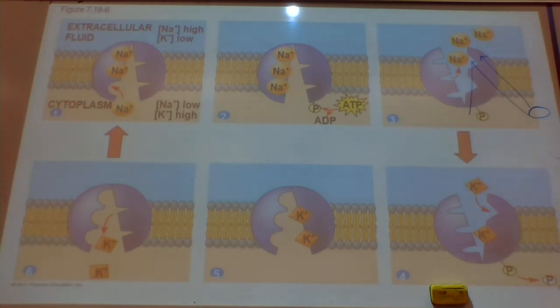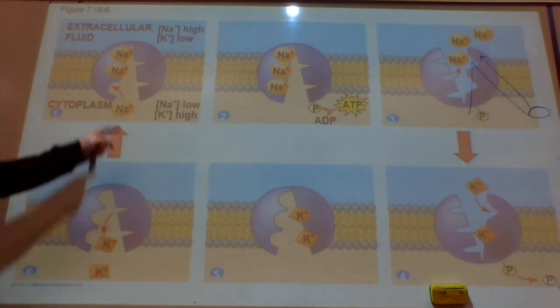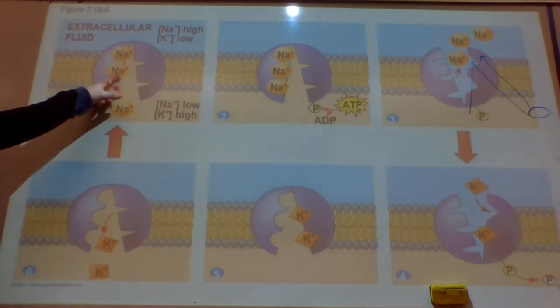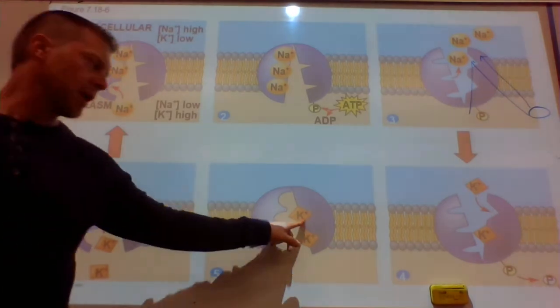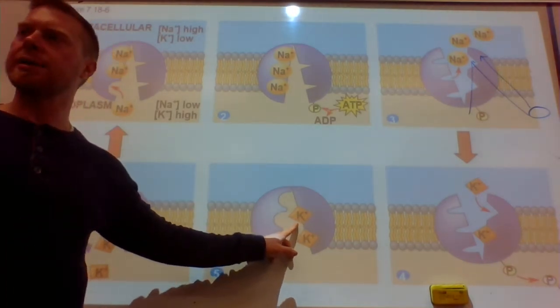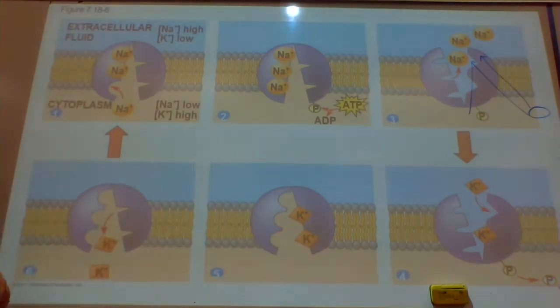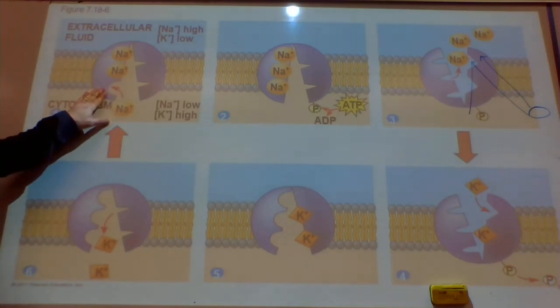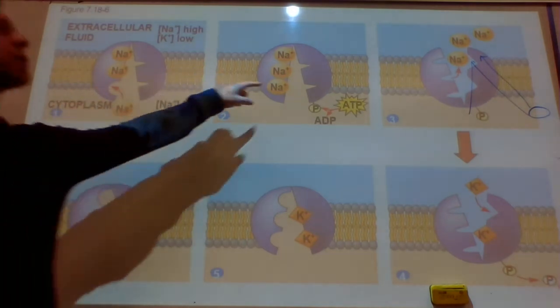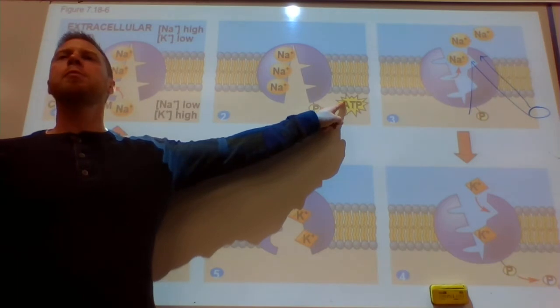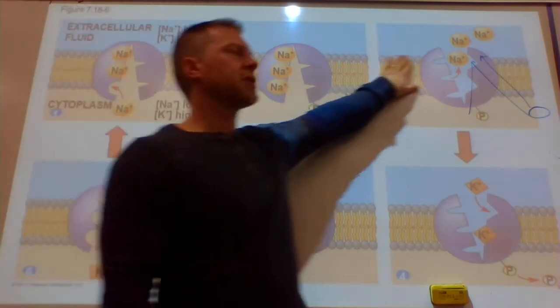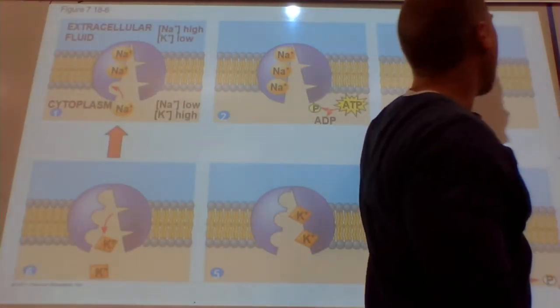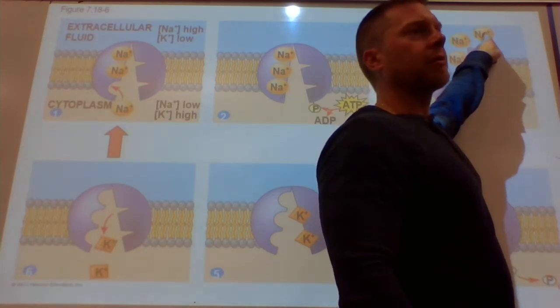Now let's all look at the board for a minute. Right? Now let's look at how this pump is working. Na, that's sodium. K plus, that's potassium. What this sodium-potassium pump does is that it uses energy in the form of ATP to pump sodiums out of the cell.